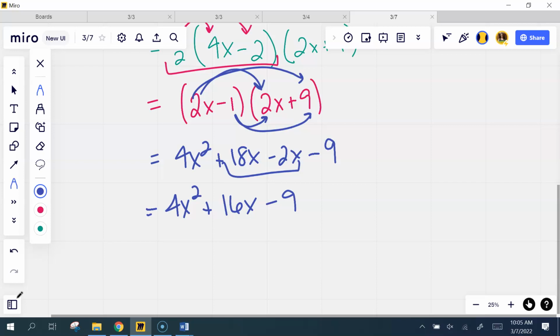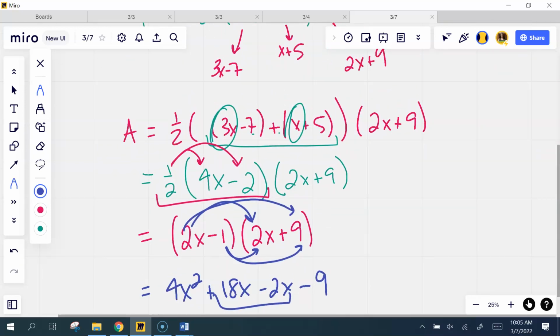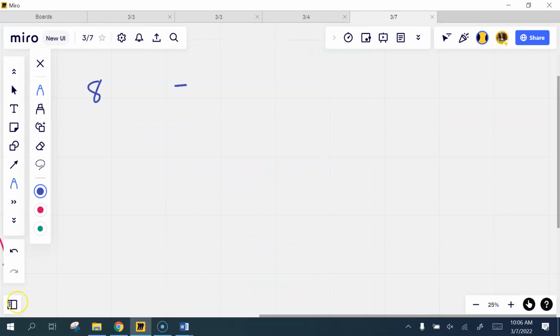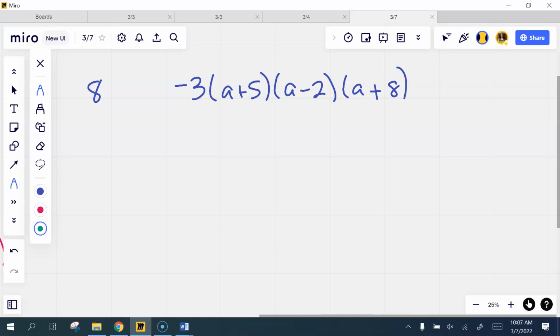What else on your homework? Yeah. You're welcome. Number 8. So I'm just going to pick any two to multiply together, clean up, and then I'll multiply to the next. I generally start with the one that has the whole coefficient in front. So if I distribute this through, I get negative 3a minus 15.